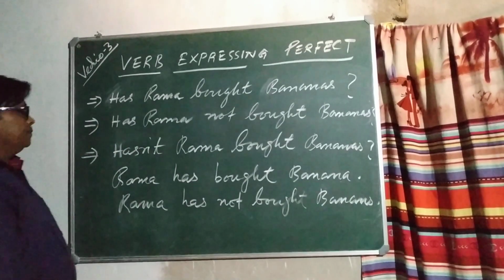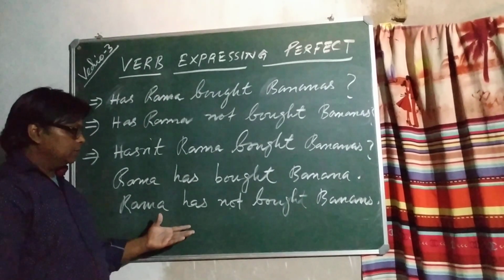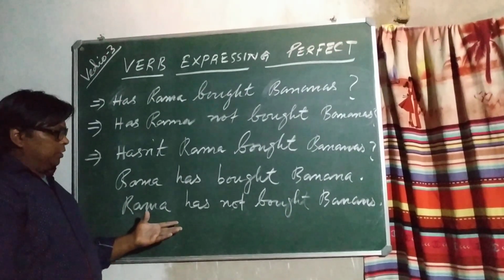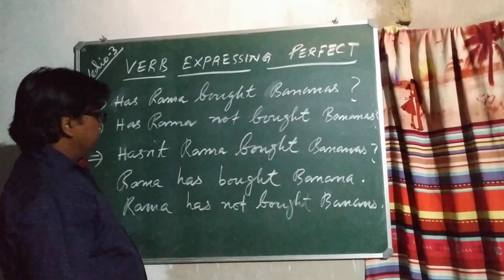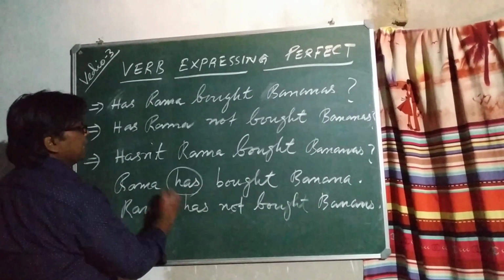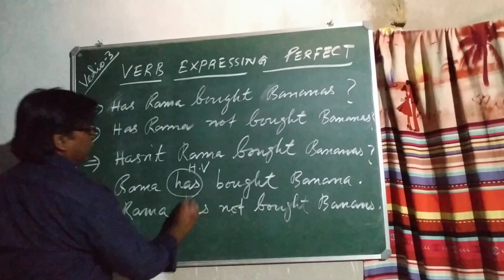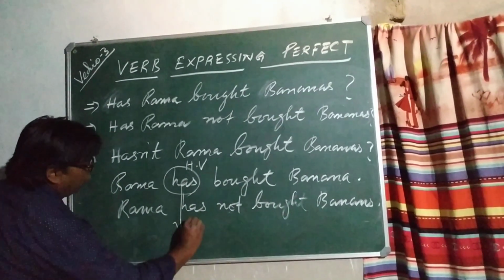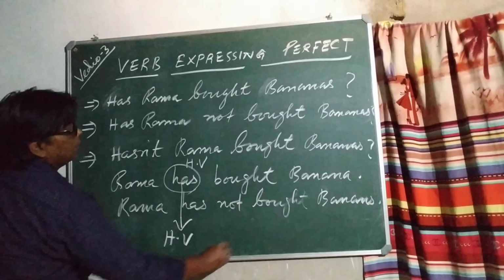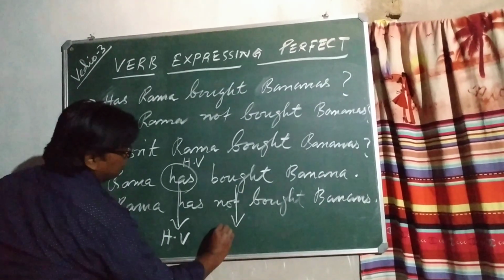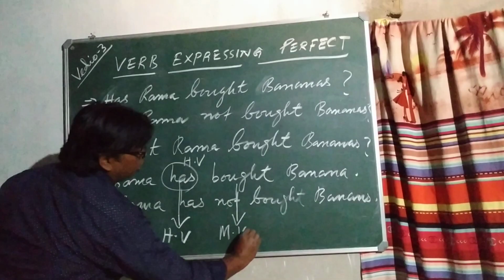When you are making this with dual verbs, has stands for the helping verb and bought stands for the main verb, or principal verb.